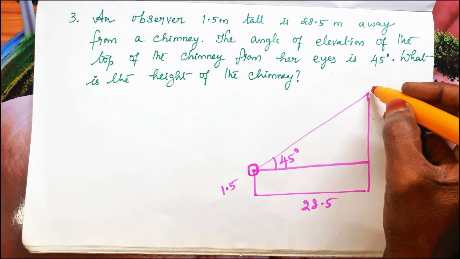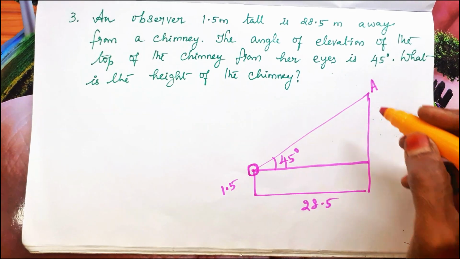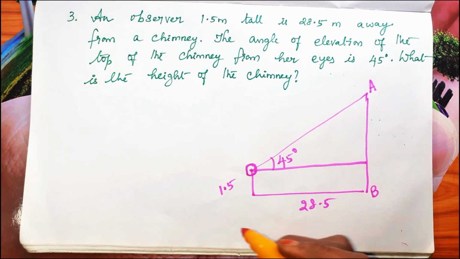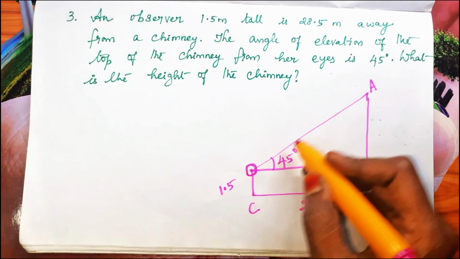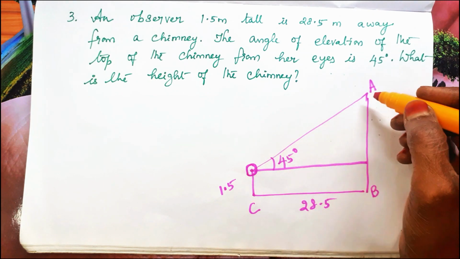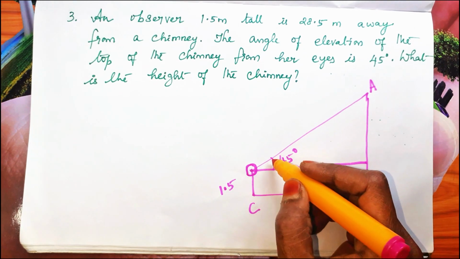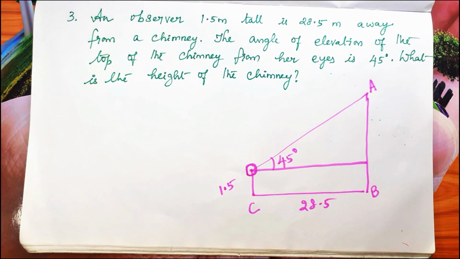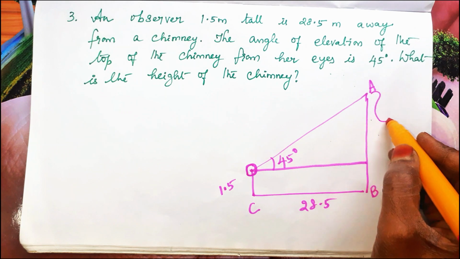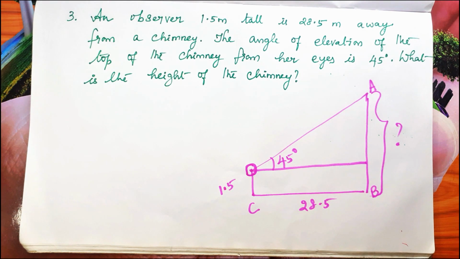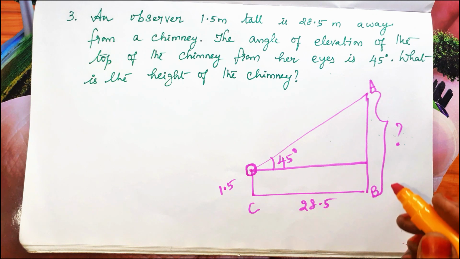If I take the topmost point of the chimney as A, and this as B, and this as C, the observer from his line of sight is seeing the topmost point with an angle 45 degrees. That is the angle of elevation. What are we going to find? We are going to find the height of the chimney, that is the distance AB.